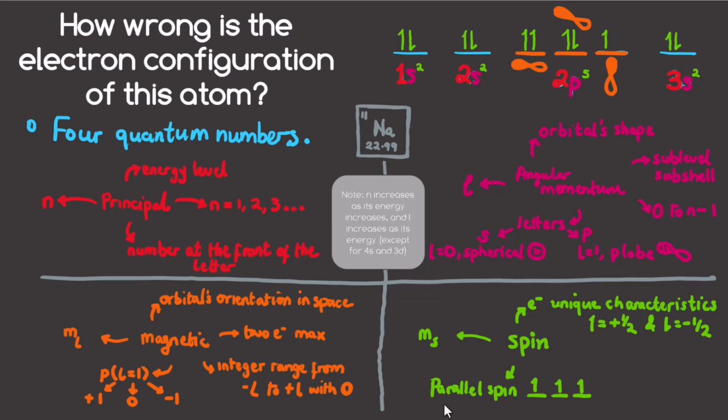Now, parallel spin is when the electrons in different orbitals have the same m_s values. When electrons are paired in the same orbital, they have opposite spins, in this case positive half and negative half.